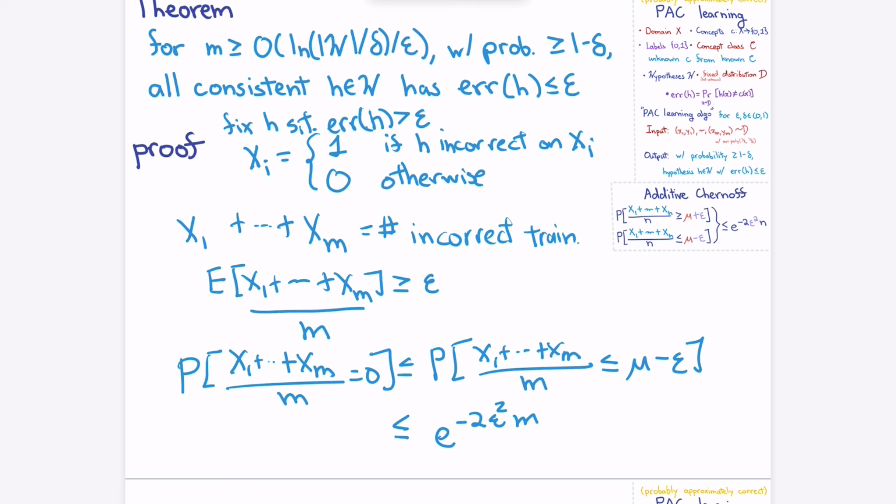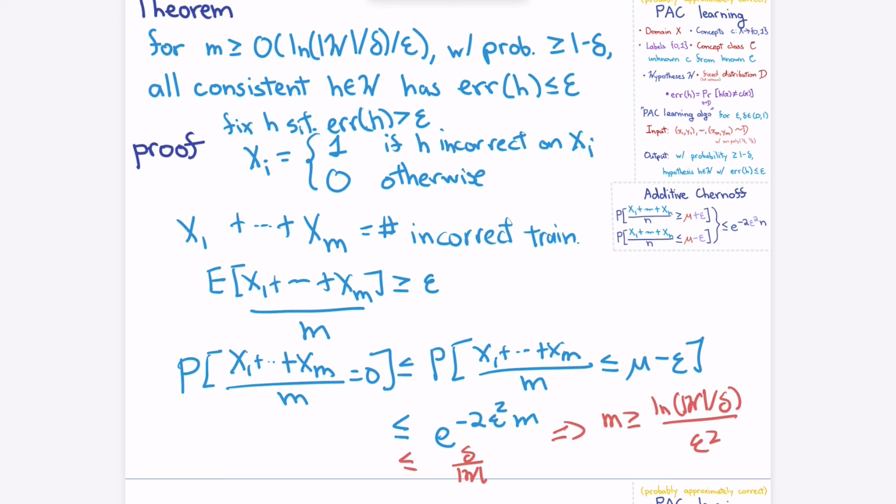Well, okay. So this would imply that if m is at least log of size of H divided by delta over epsilon squared, then this is less than or equal to delta over all the hypotheses. If you can see, that's size of H. I know it looks like any other letter.